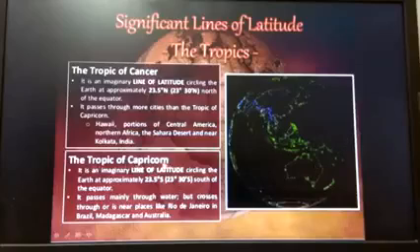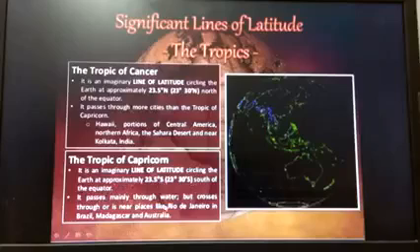Next is the Tropic of Capricorn. Australia is the only continent in the world where the Tropic of Capricorn divides the continent into two equal parts, just as the Tropic of Cancer divides India into two parts, North India and South India. Similarly, the Tropic of Capricorn is the line of latitude 23.5 degrees south of the equator.